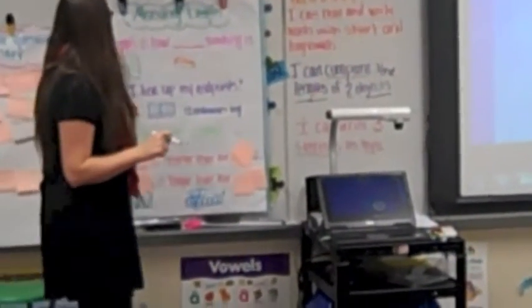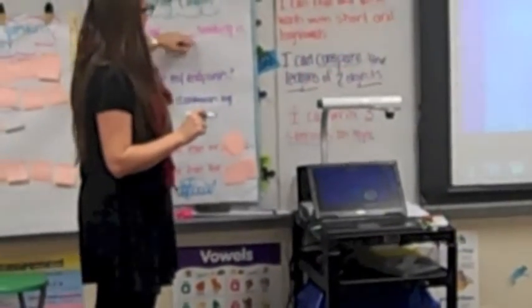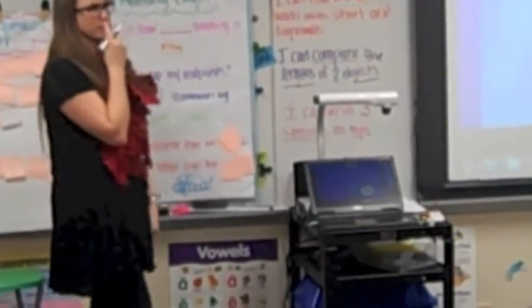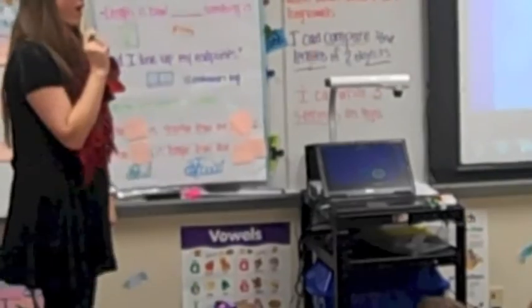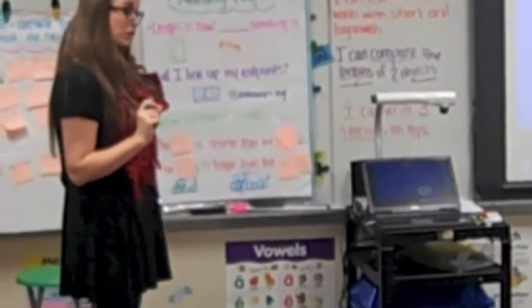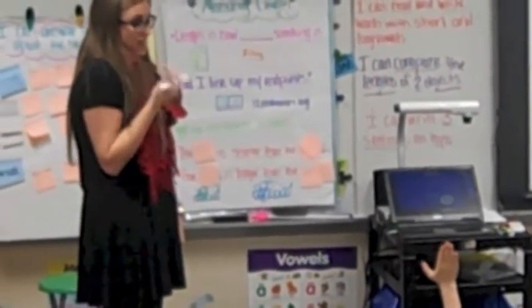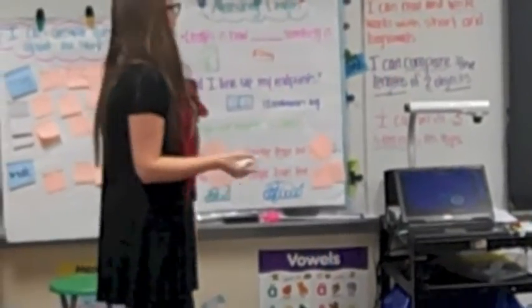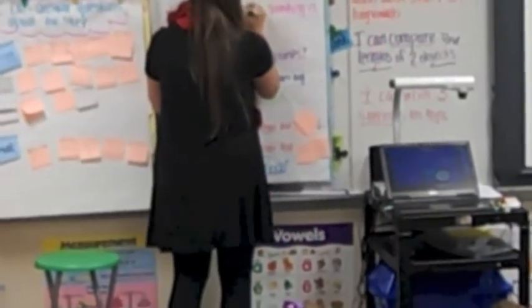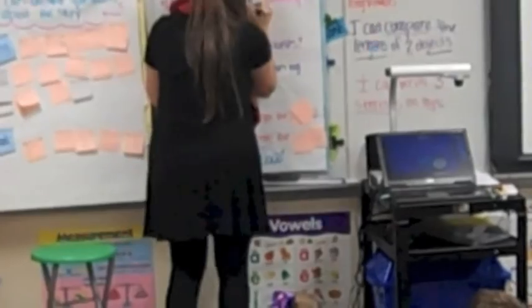So let's look at our anchor chart. It says, length is how blank something is. Anyone thinks what could go there? Length is how what? Length is how long something is.